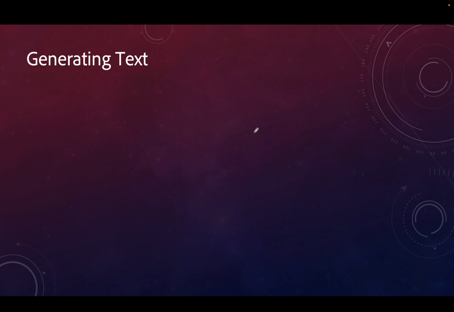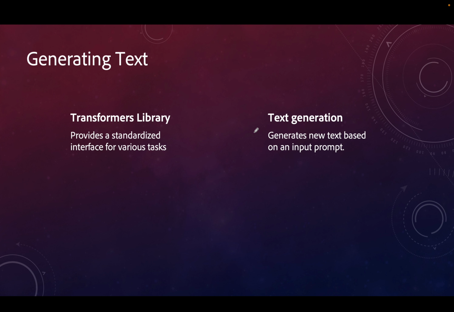Now let's come to generating text. The Transformers library allows us to use models like GPT-2. And again, GPT-2 is not the state of the art. We have much better models, but for the sake of simplicity and ease of use on a Google Colab Notebook, we will focus on GPT-2 for this lesson.